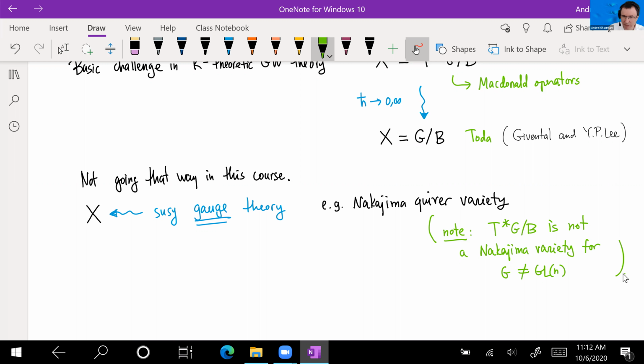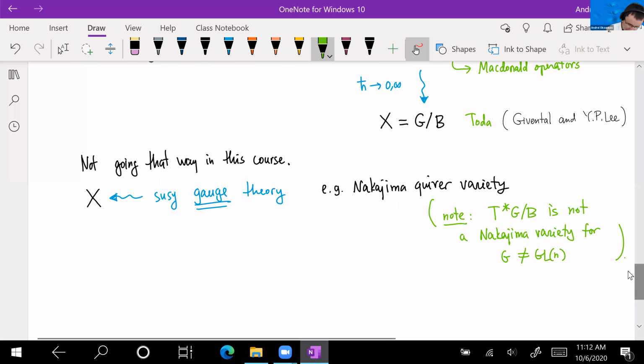And here we have another manifestation of that fact: our theory will cover Macdonald theory of type A, but will not cover other types. Okay, sorry, this is the state of the art at the moment.